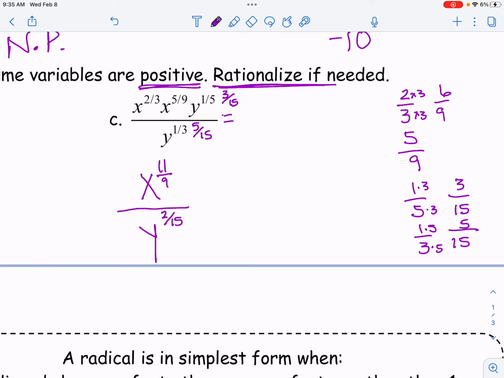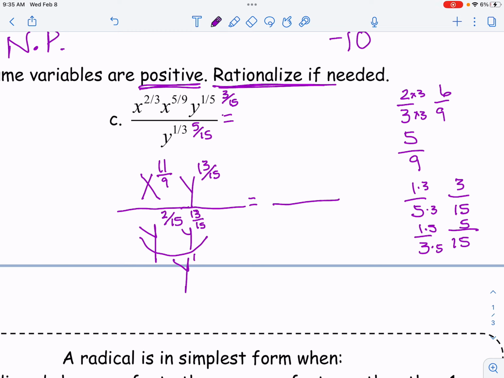You cannot have a rational exponent in the denominator. I need to go to the next whole number, which is 1. I need 13/15. So I'm going to multiply that by y raised to the 13/15, and I'm going to multiply this by 13/15. I'm going to end up with 1y here.